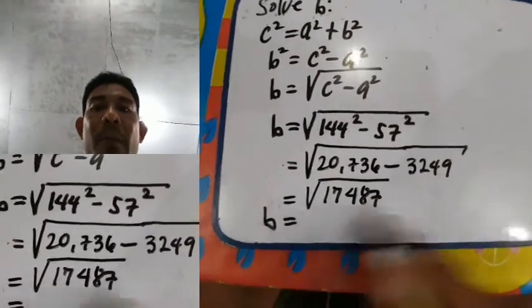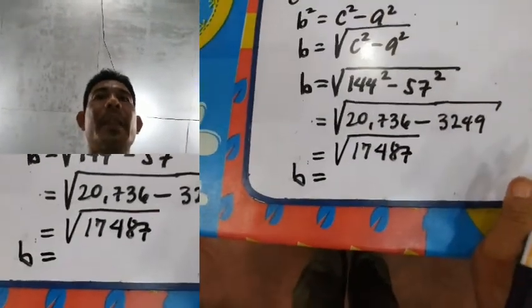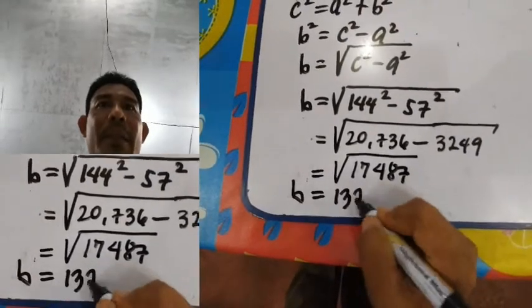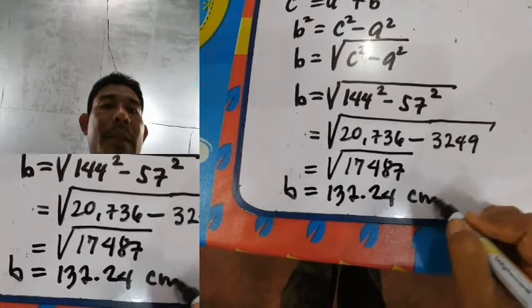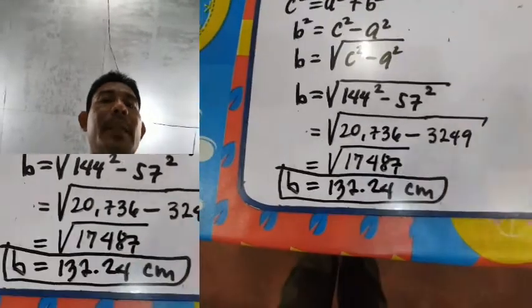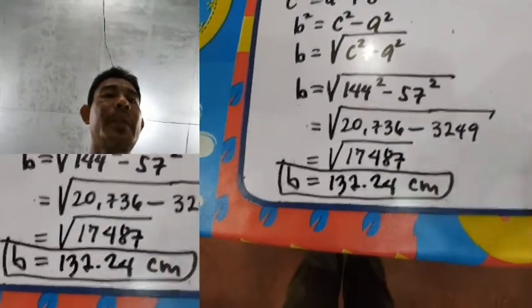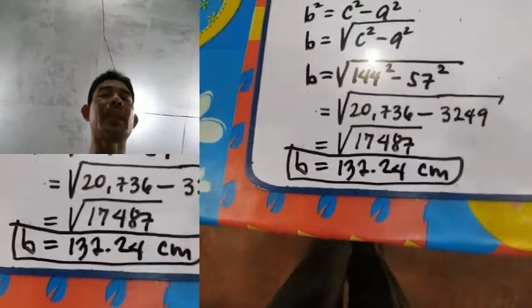So the square root of 17,487 is 132.24 centimeters. This is now the distance from the floor to the tip of the round bar.